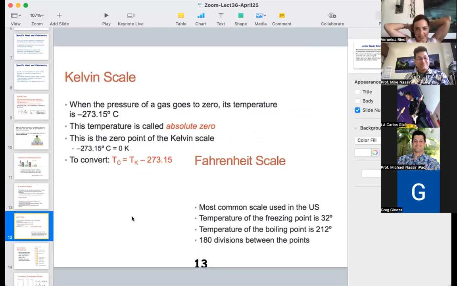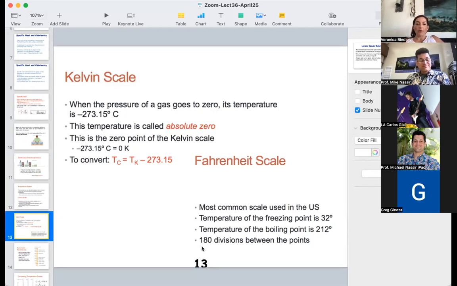Yeah, to understand the Fahrenheit scale is way more complex for me, but I'm getting better and better every day. So for the Fahrenheit scale, you don't need any instruction, you know it way better than me. It's the most common scale used in the US. The temperature of the freezing point is 32 degrees, and the temperature of the boiling point is 212.